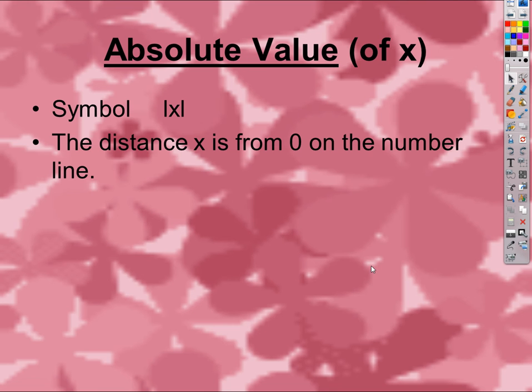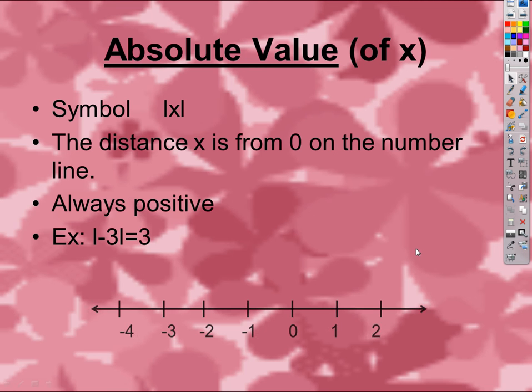So if we take something like, for example, the absolute value of negative 3, and we get an answer of 3, we could think of that as being because negative 3 is a distance of 3 from 0, right? Make sense? This is a really profitable way for us to look at it. It's going to help us put absolute value inequalities in a context where they make sense. We don't have to just remember stuff, but we can think of it in a way that makes sense to us.